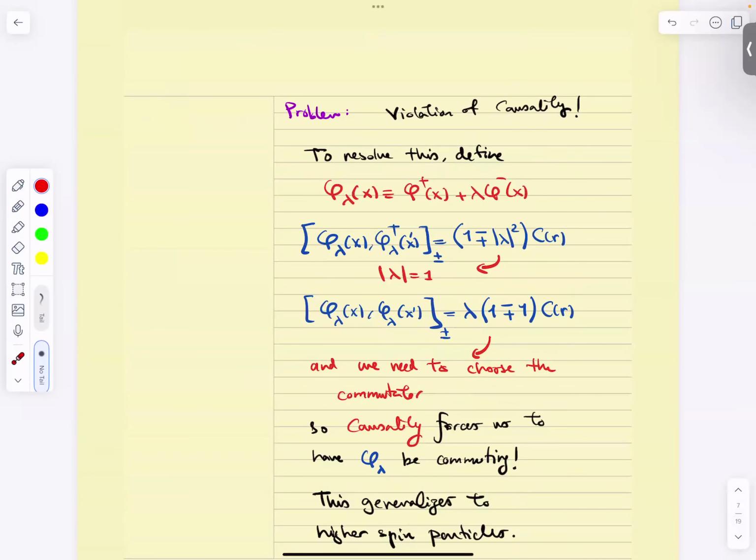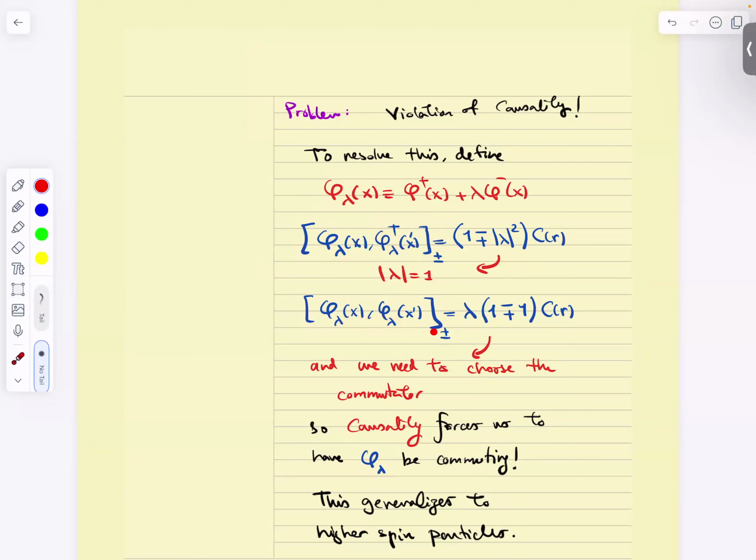Now, the question is this. My scalar field, let's take it to be phi plus lambda phi minus. Lambda is either +1 or -1. Okay. Now I'm going to calculate phi lambda and phi lambda dagger at two different points. I'm going to get 1 minus lambda squared C of R. Good. I have a real scalar field, so this dagger part goes away.